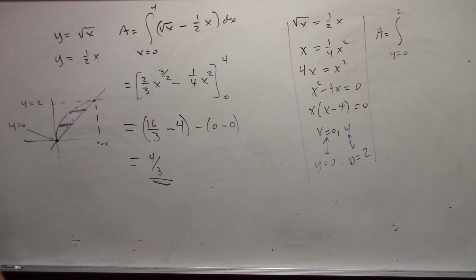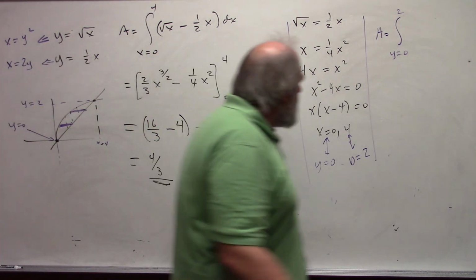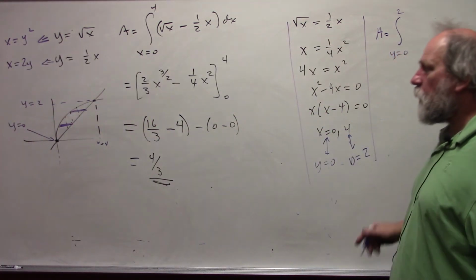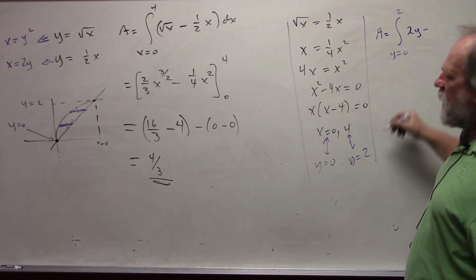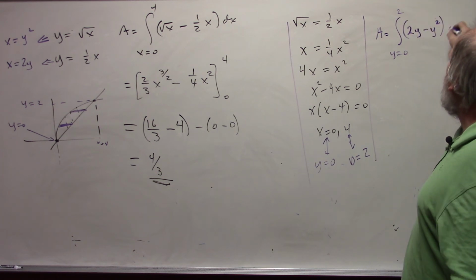And so the line is the right-hand function when I'm looking at it horizontally, but the line I need to convert, and this is the function x is equal to 2y. The left-hand function is the function x is equal to y squared. It's a parabola when we go sideways, or the top branch of a parabola. And so now we would get the right-hand function, which is 2y, minus the left-hand function, y squared.